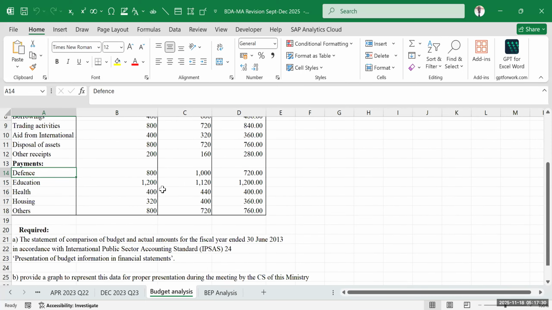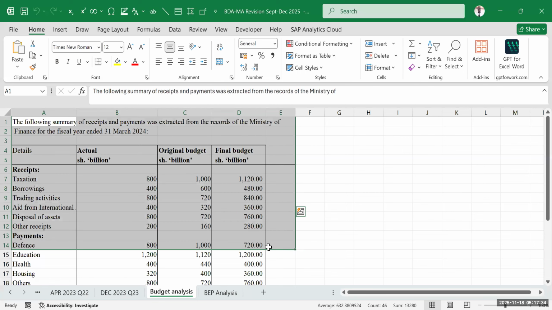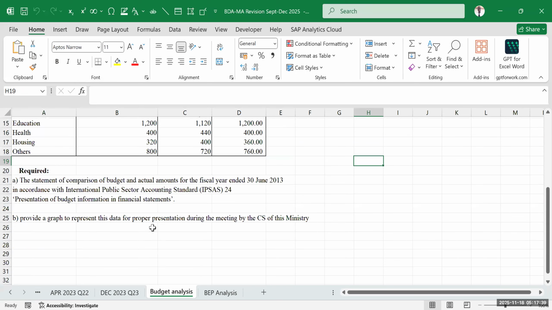So what does the examiner want us to do with this information? It's a very short information there. Let's see what the examiner wants us to do. Required Part A, the statement of comparison of budget and actual amounts for the fiscal year ended 30th of June 2013 in accordance with International Public Sector Accounting Standard IPSAS 24.